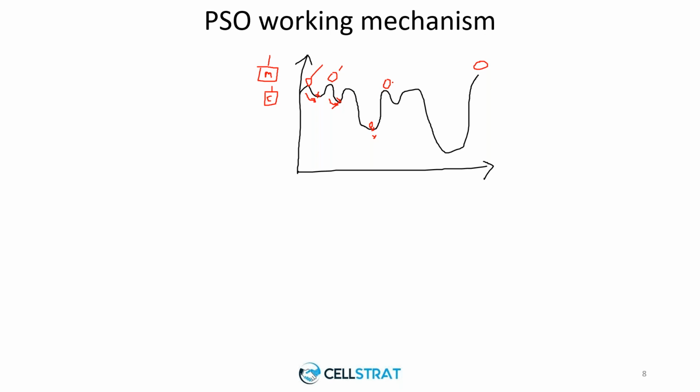So it communicates this information to them and they start to move in that direction. Similarly, this one also tries to move in that direction until he reaches here. When he reaches here, he will communicate this information to the other individuals, and since this is the deepest point compared to this, they will again change their direction and move towards this direction.